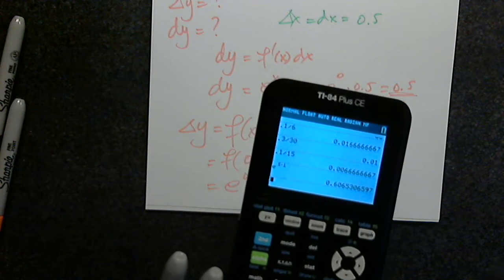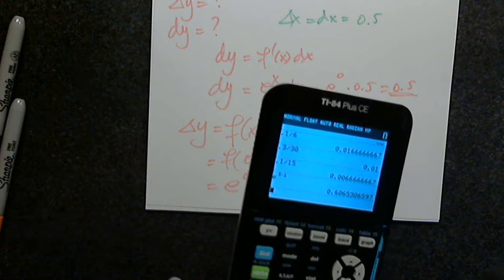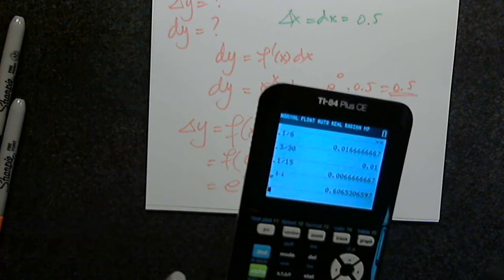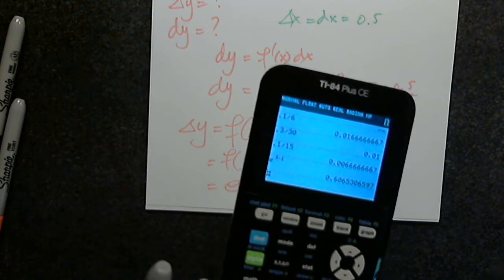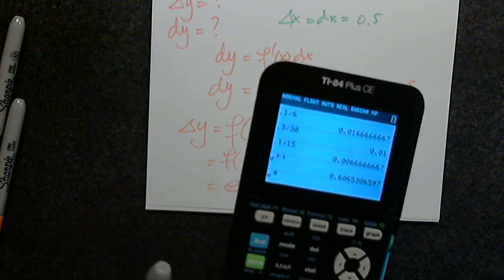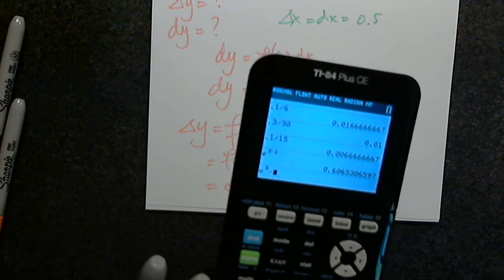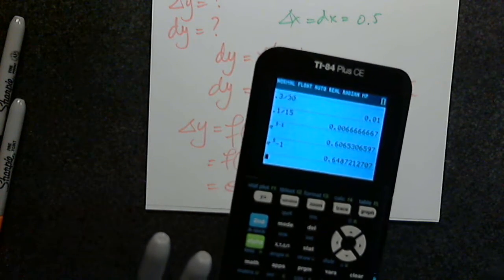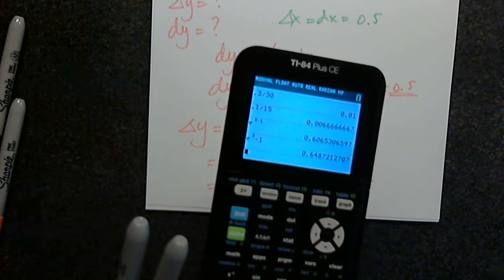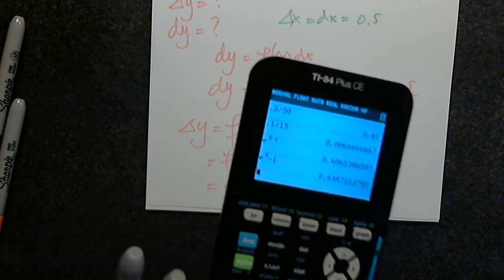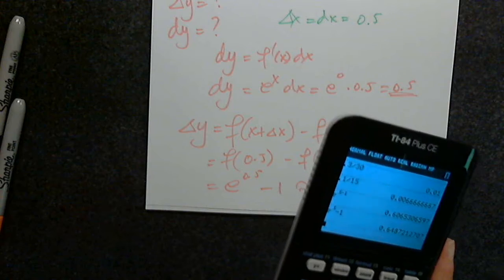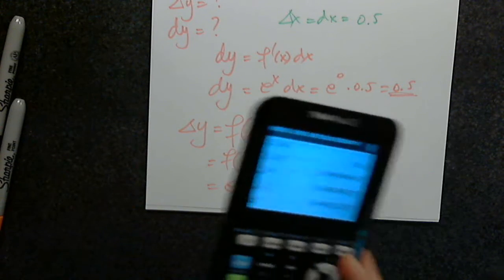Oh, I put the negative at the top. See what I did? e raised to 0.5, but then I had to come down and put negative 1. Sorry about that. Indeed, my apologies. That's why I don't trust this calculator. It doesn't do what I wanted it to do.